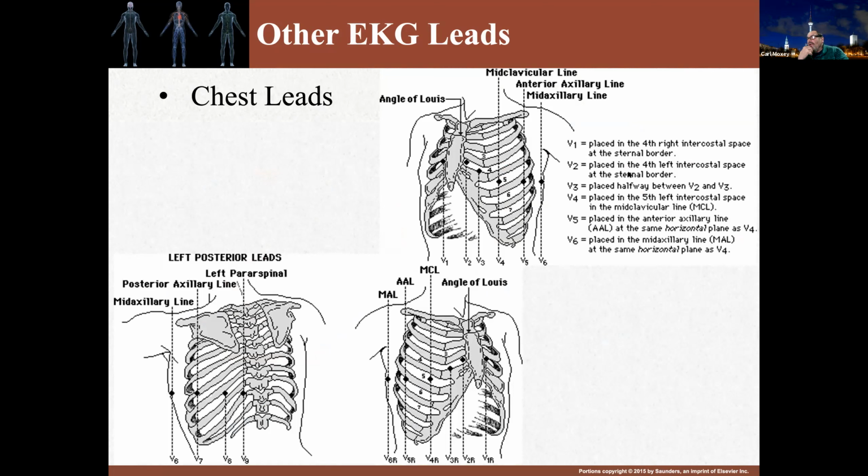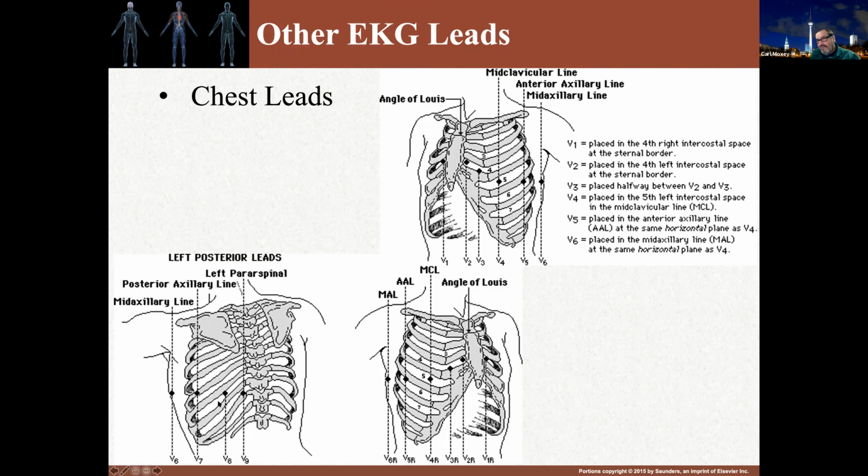So up here we see the standard placement of them, and now a couple of variations that come in. One of them is to put some posterior leads in place. Let me move this out of the way. Here is V6, remember, which is the mid-axillary line. We can then go over and place in the, let's see, second, third, fourth, fifth, sixth, seventh intercostal space.